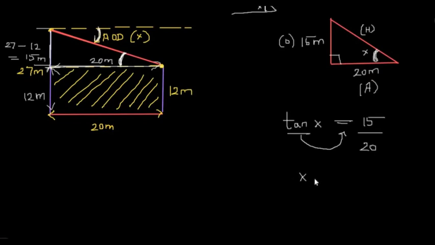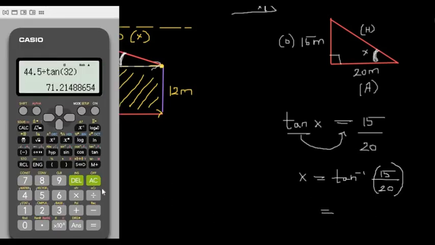So x equals tan inverse of 15 over 20. Let us check what we will get. Here we have tan inverse. To get the tan inverse on the calculator, click on shift and click on tan. You get the tan inverse.